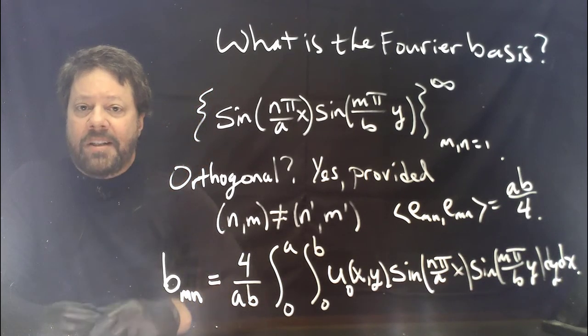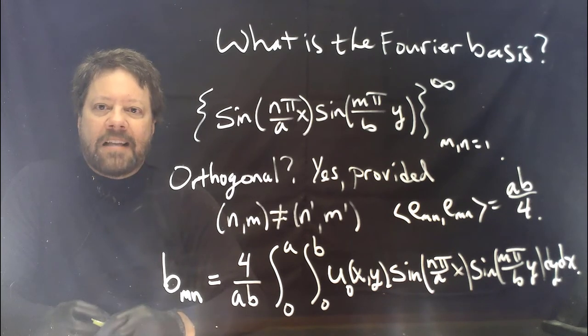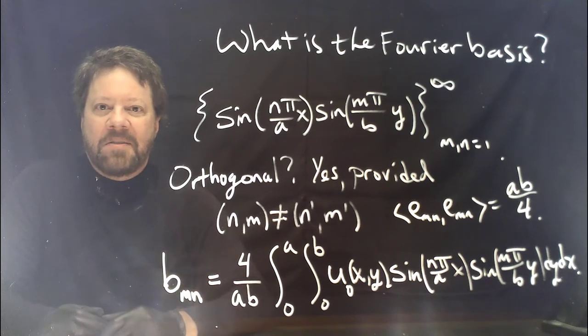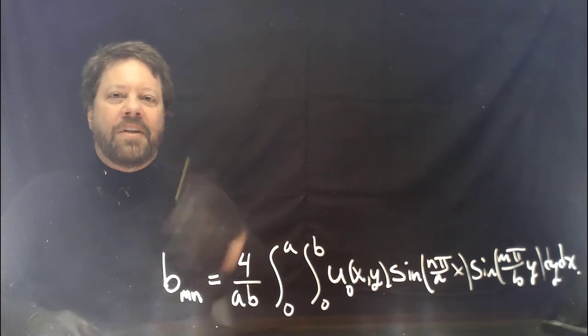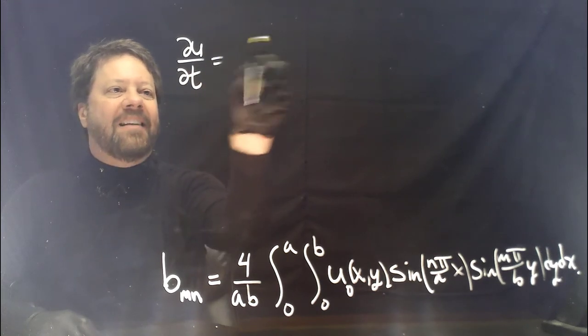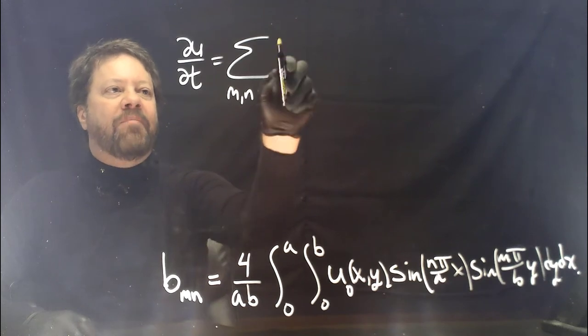This allows us to deal then with the initial displacements. The initial velocities will come into the determination of the b hat mn's. If you take the derivative of the representation of u that we had, you'll get the sum as m and n go from 1 to infinity.